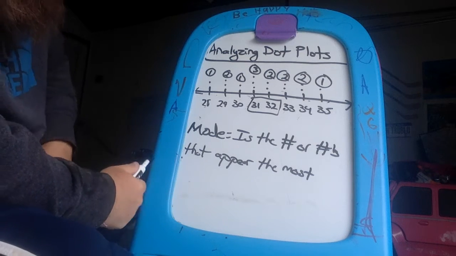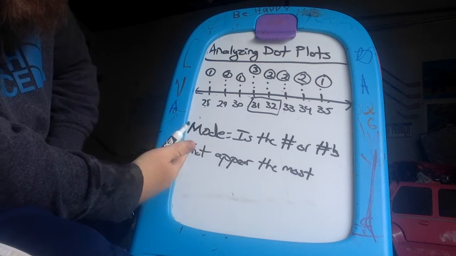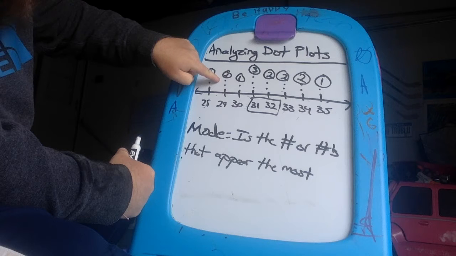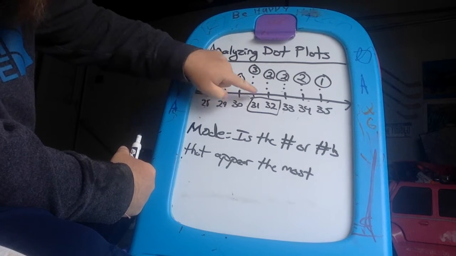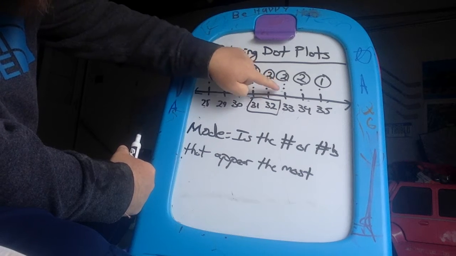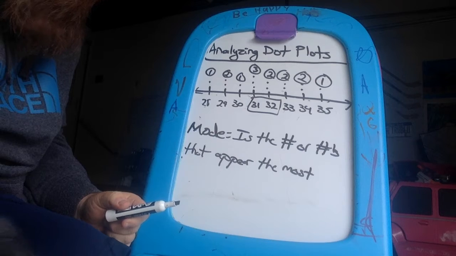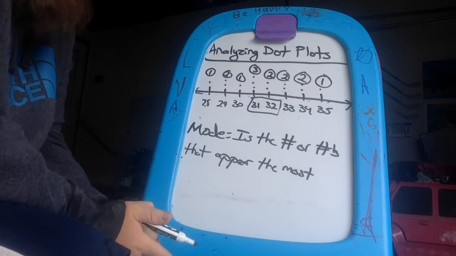Okay, this is why I said at the beginning of the week, when you guys are doing this work, to figure out the numbers that correspond. Okay, so we have 1 28, we have 2 29s, we have 1 30, we have 3 31s, 2 32s, 2 33s, 2 34s, 1 35. The reason why I say to put it in number form is it's just easier to see now which one appears the most.